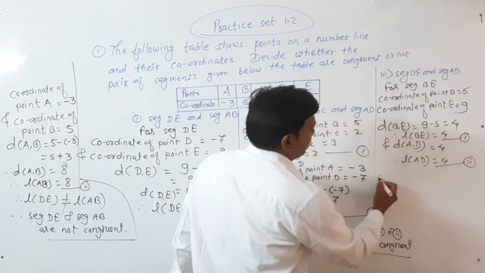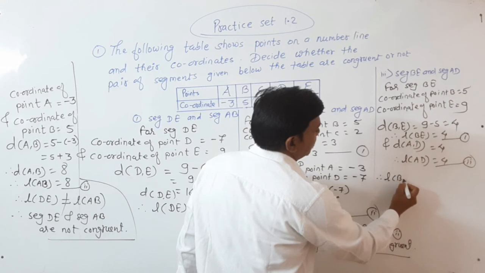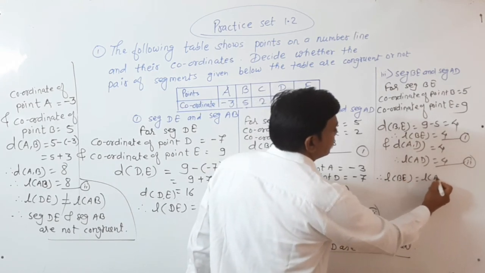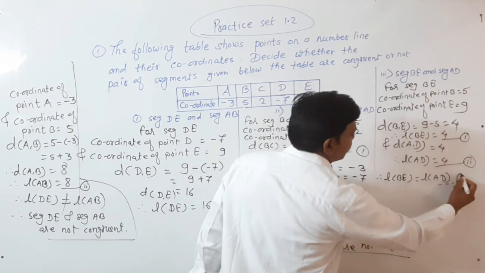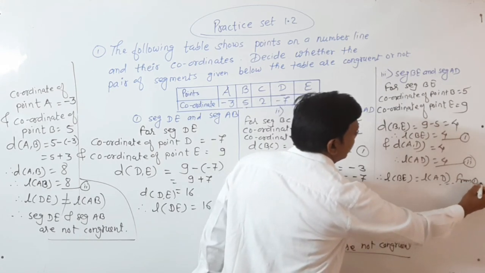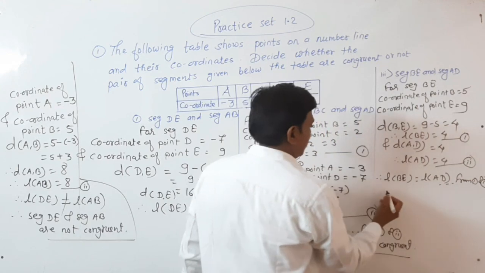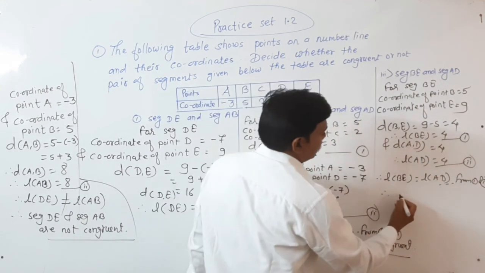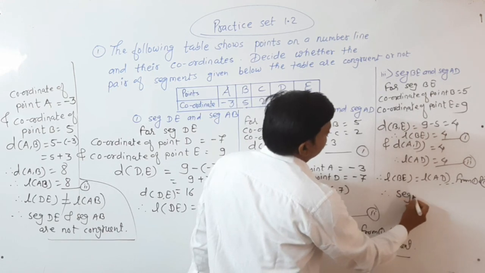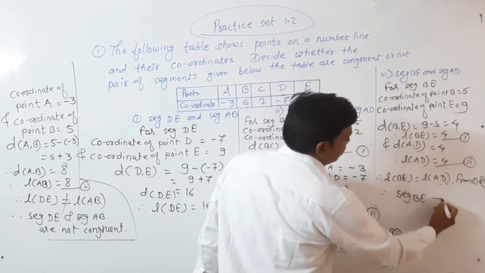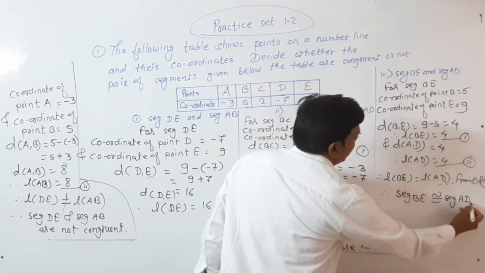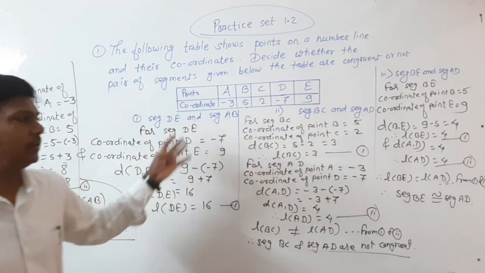So length BE equal to length AD from 1 and 2, and therefore we say both segments are congruent, meaning segment BE is congruent to segment AD. Okay, see all the steps.